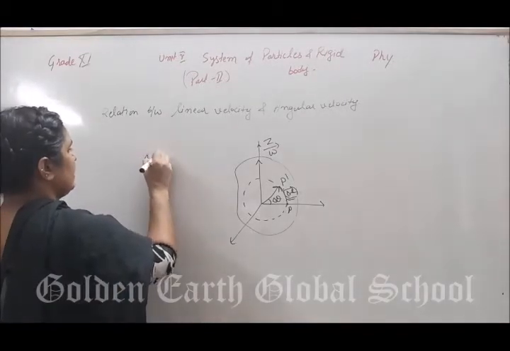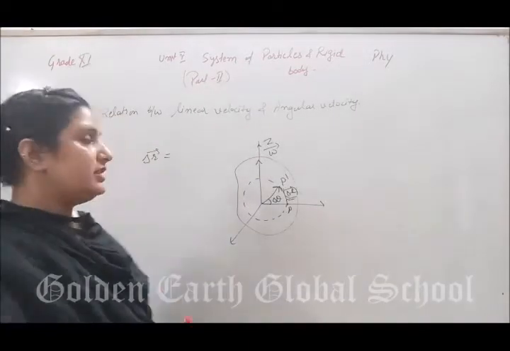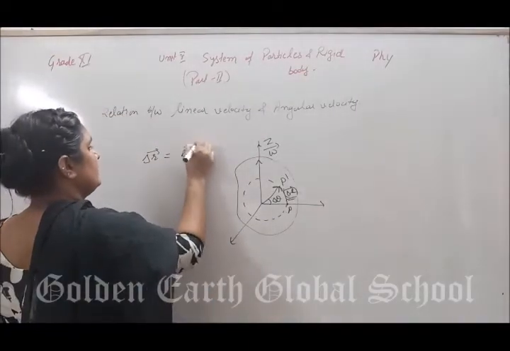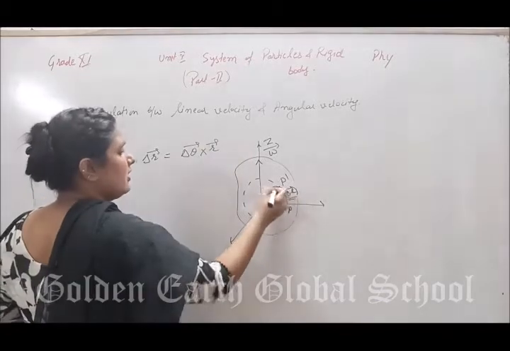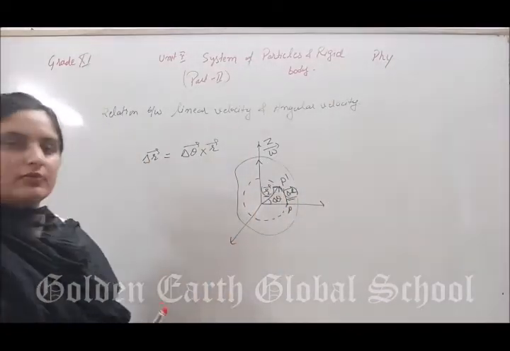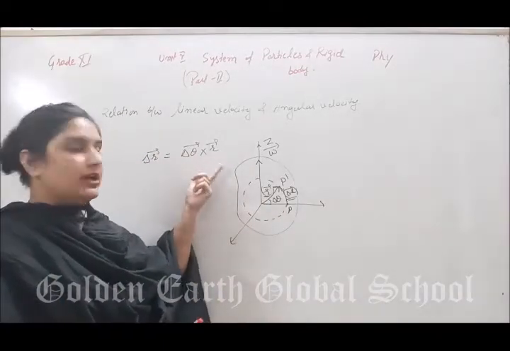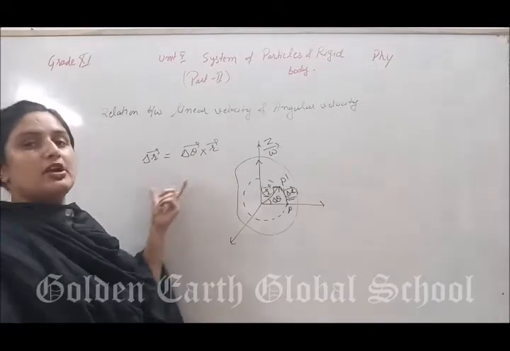Now delta r can be written as delta theta cross r, where r is the radius. We have calculated this from the definition of the angle: angle is equal to arc upon radius.